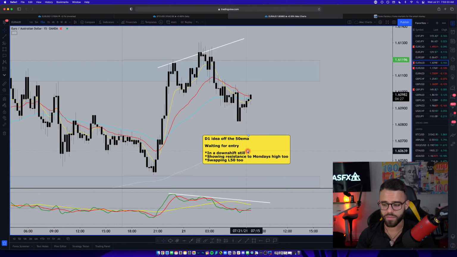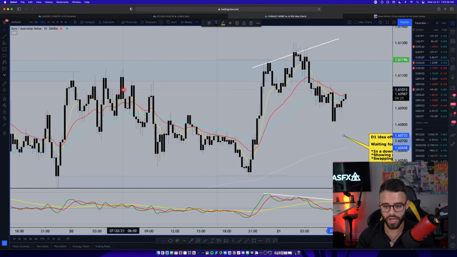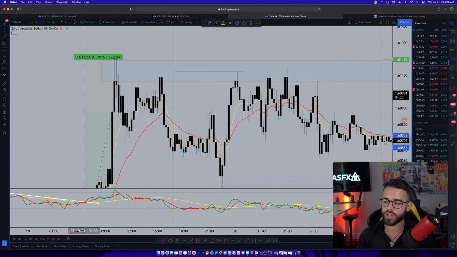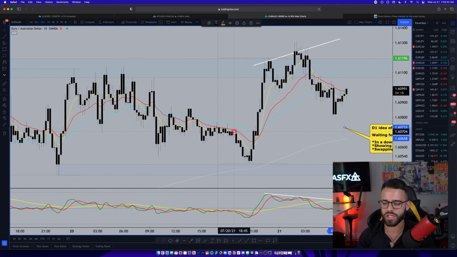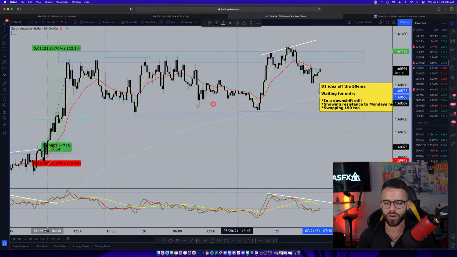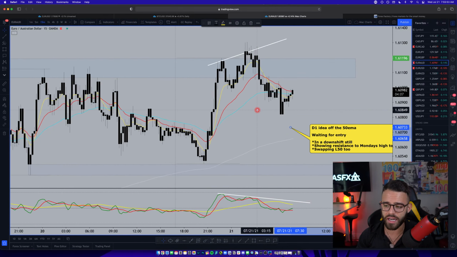Now, Euro AUD, we were watching this, like I said, from yesterday and even from Monday. Monday is where I took the position. We're going to come back and go over this in detail in a second. But this is on my watch list today for this to continue higher because as you can see, it's used Monday's high as resistance and yesterday, Tuesday's low as support. You can see it kissed off it yesterday afternoon and last night in the Asian session.